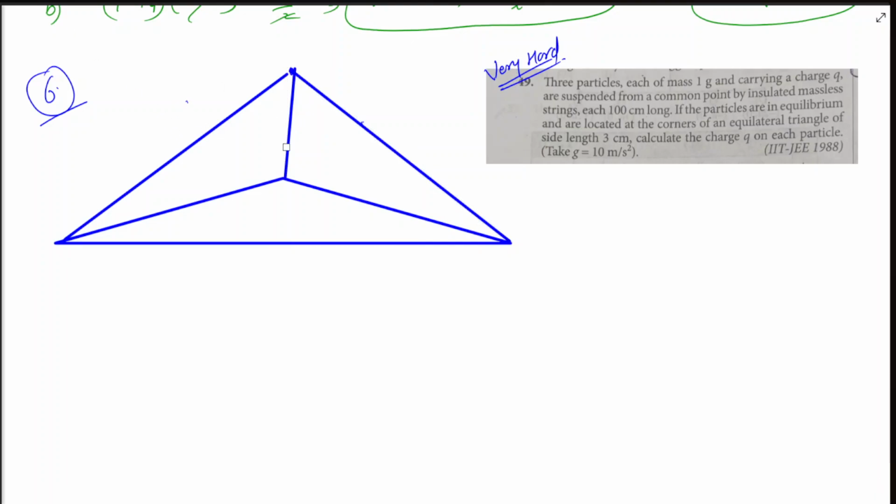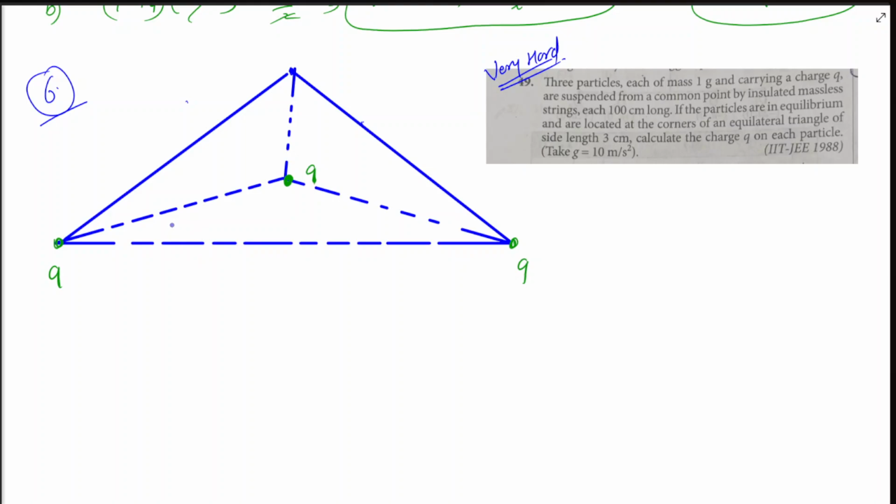So this wire is in the background, and there is no wire here. So one of our charges is here, one is here, and one is here. Are you getting this? And this is up. This is a pivot.